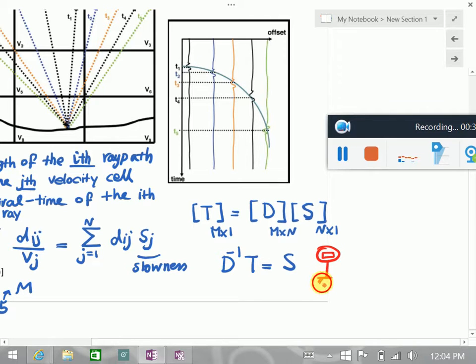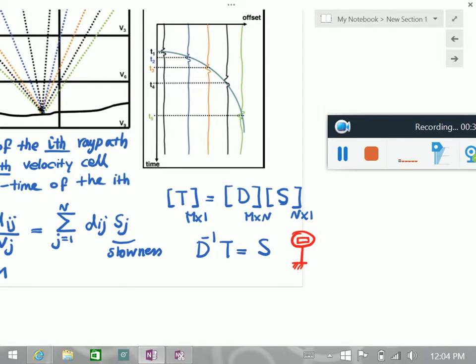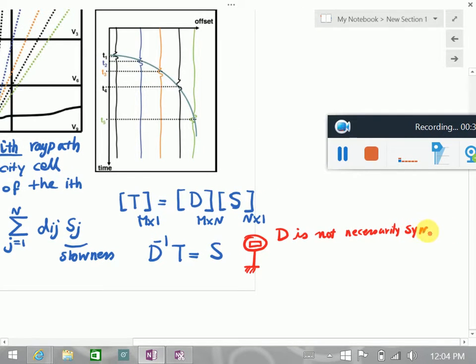Because you may not have a symmetric matrix. Even in this problem, D is not symmetric. How can I invert a non-symmetric matrix like that? When D could be symmetric, what would be the condition?